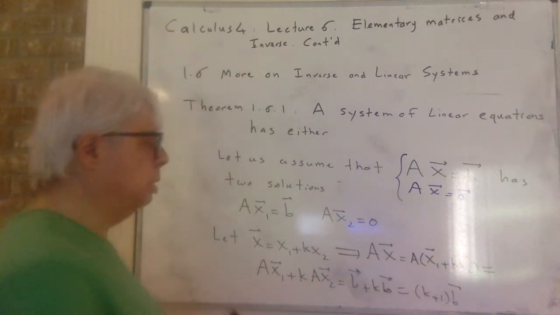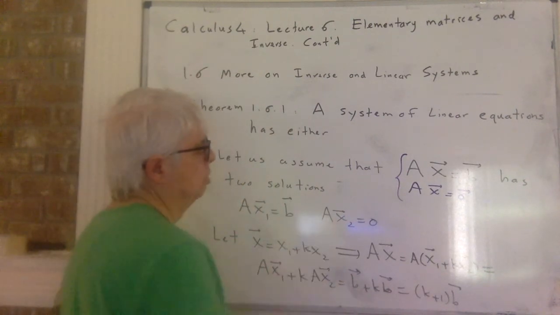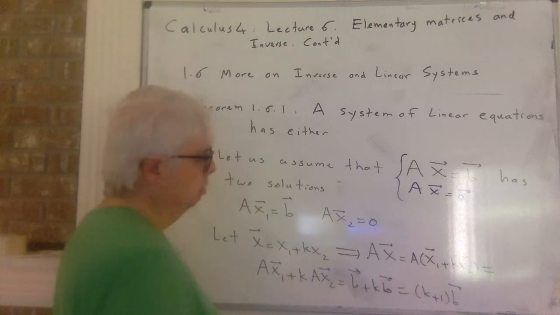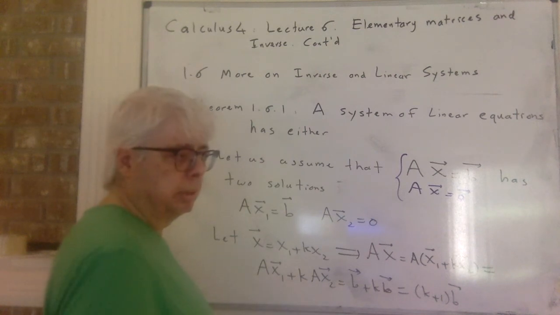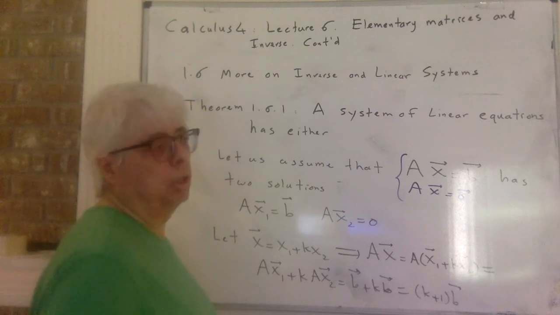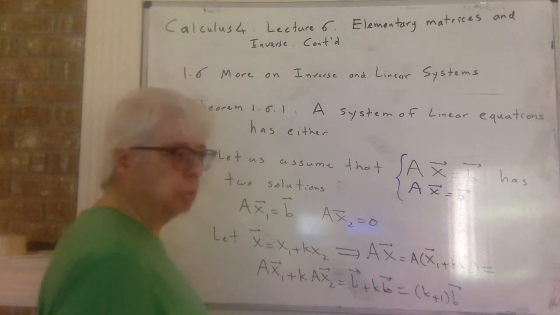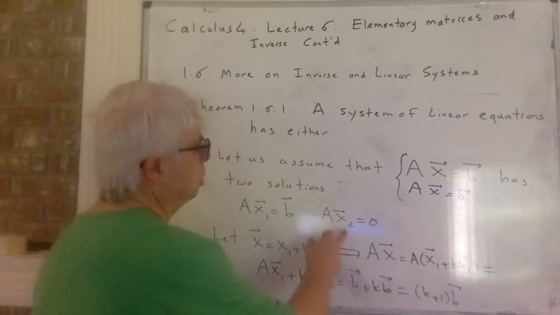Well, you might say, does this have a solution equals 0? The answer is yes, it does have a solution. This system is always consistent. Why? Because x2 equal to 0 is a solution, and if I have a solution, it is consistent.